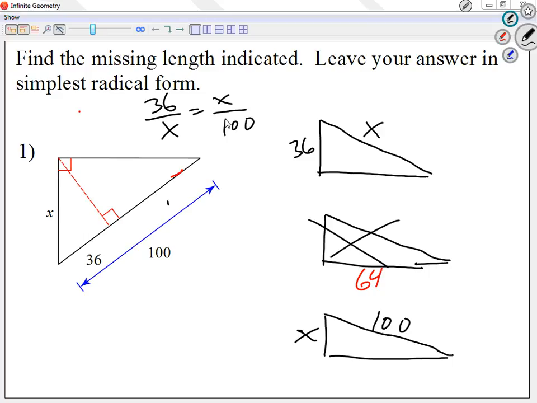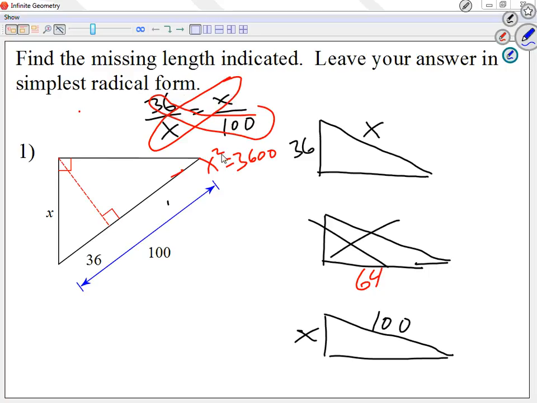And then, when we have two proportions, we can simplify first if possible. 36 over x we cannot do. x over 100 we cannot simplify. Then we also try sideways, 36 with x and x with 100. Remember, I said multiply if possible. Since we cannot simplify, let me cross multiply. x times x gives me x squared. 36 times 100 gives me 3600.